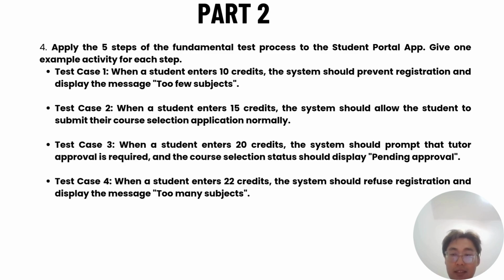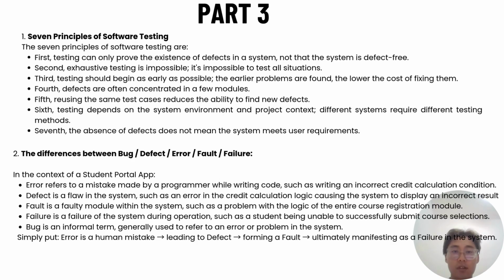Test 4: when a student enters 22 credits, the system should refuse the registration and display the message to remove many subjects.